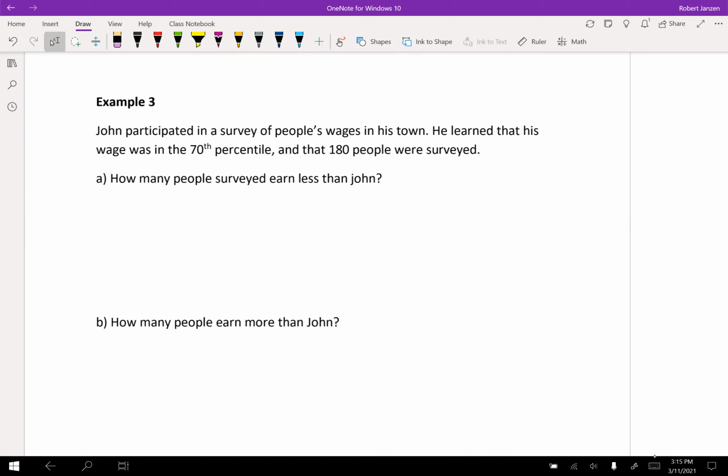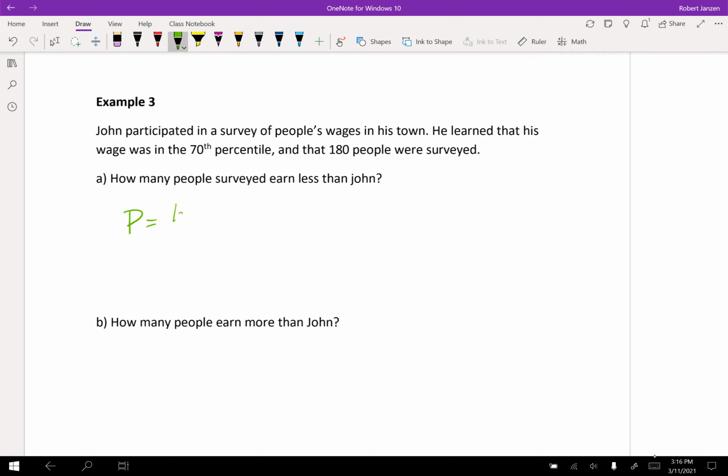All right. Example 3. John participated in a survey of people's wages in his town. He learned that his wage was in the 70th percentile, and 180 people were surveyed. How many people surveyed earn less than John? Well, remember what our percentile formula is here.